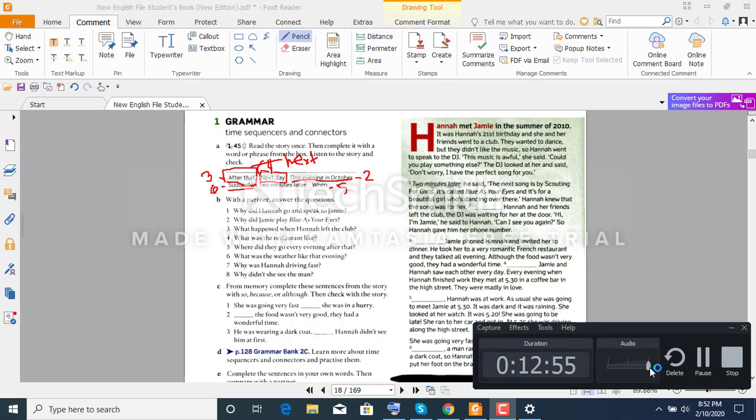When something happened at that moment, okay? And then 2 minutes later, okay? And then when. All right? So those are time sequencers, and we do also have more examples of time sequencers. So we will talk about that later on as we go through this book.